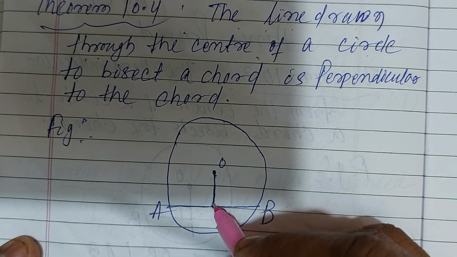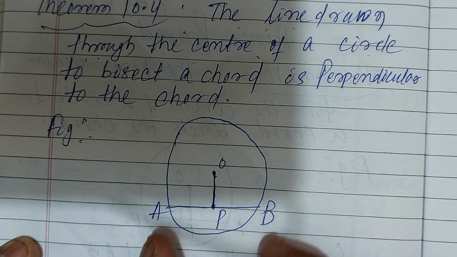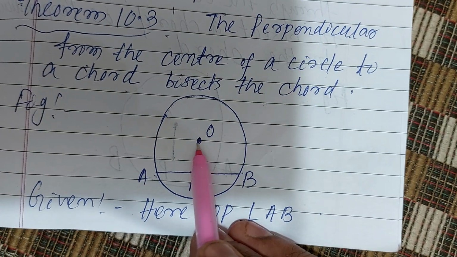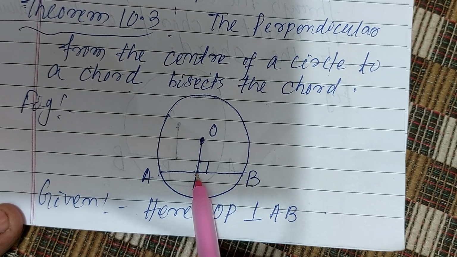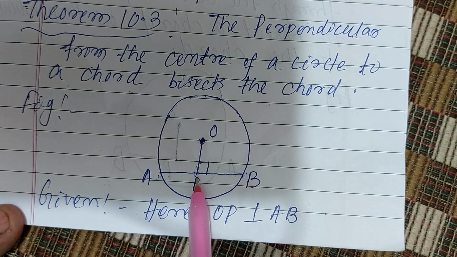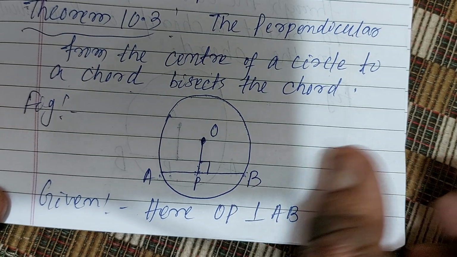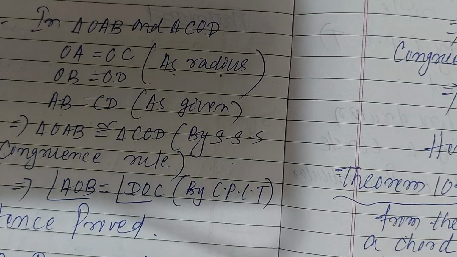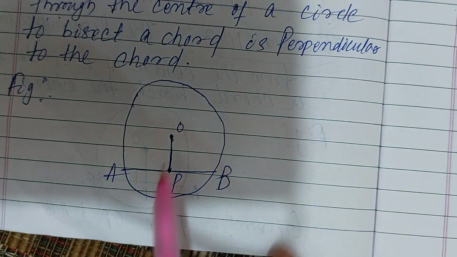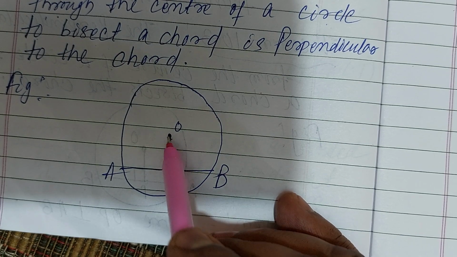We prove that OP is perpendicular to this chord. Just before, in Theorem 10.3, the perpendicular OP drawn from the center to any chord bisects the chord, and we proved P is the midpoint of AB. But in this case it is just opposite to 10.3: the line segment joining the center to the bisected chord is perpendicular to the chord.